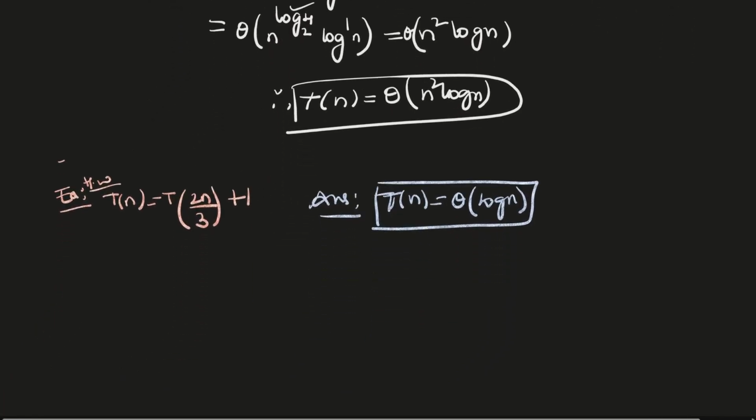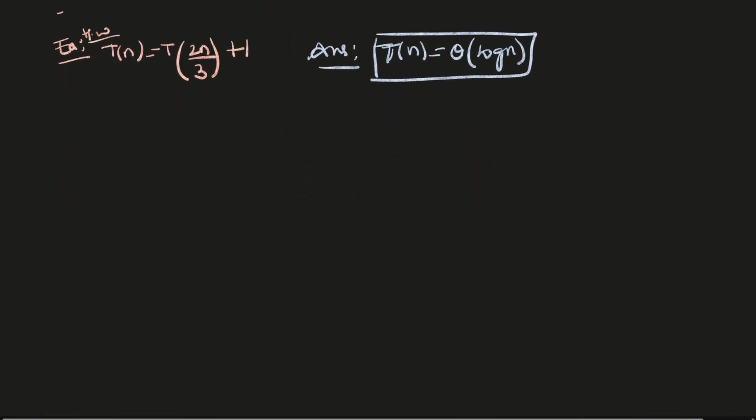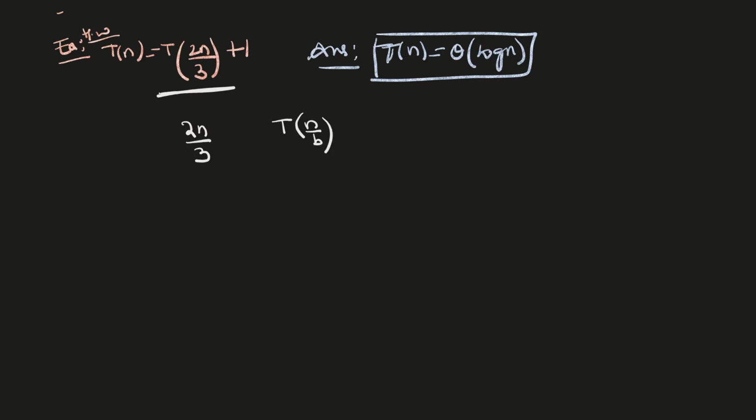So the next question is a homework problem for you, wherein you have to be careful at this term because he has given us 2n by 3. But what is our general equation? It is n by b. T of n equal to a into T of n by b plus f of n. Other terms you can identify, but sometimes you might miss this.